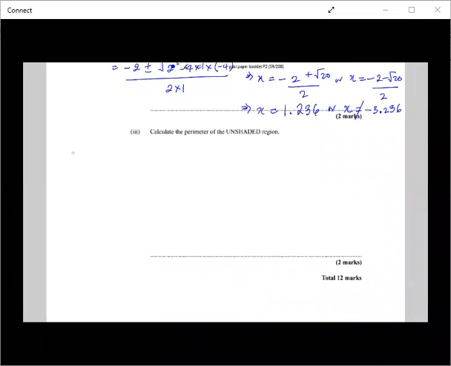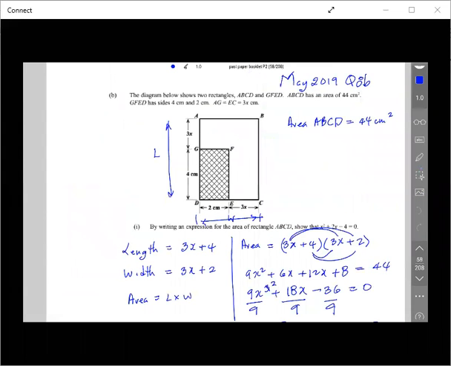So we're asked for the perimeter of the unshaded region. This is 3x plus 2 up there. Over here is 3x plus 4. Over here is 4. Right here is 2. Right here is 3x, and right here is 3x. Let me go back up to double check it. 3x, 3x. Okay, it's correct.